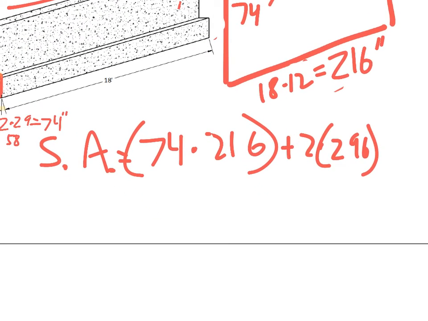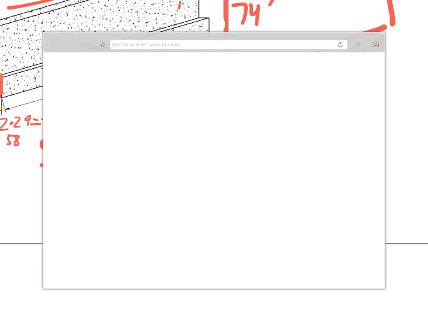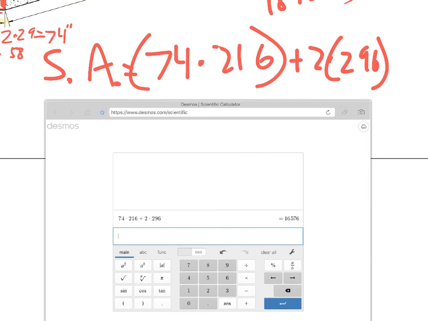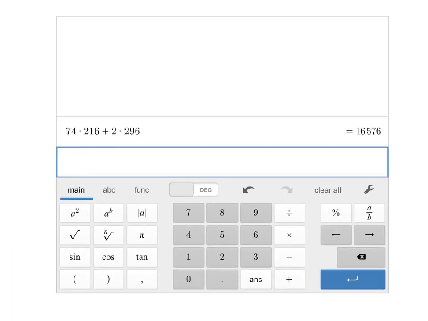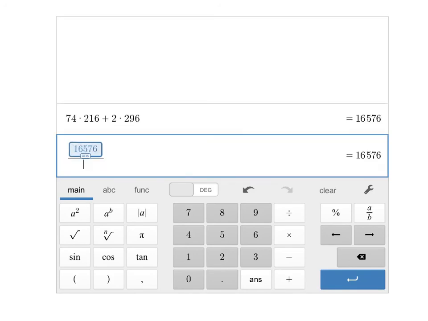All right, that covers all the pieces. Let's see what the calculator has to say about the actual number. So when we multiply that up, we get 16,576. Now that's square inches. So if we're going to change that into square feet, we can take the answer and divide that by 144 square inches in a square foot.